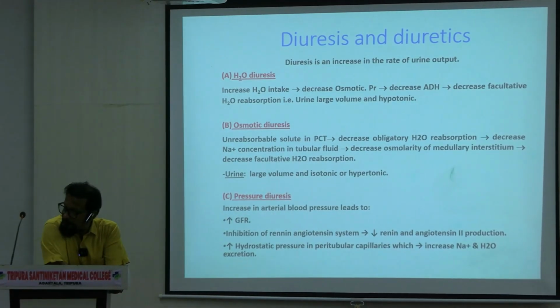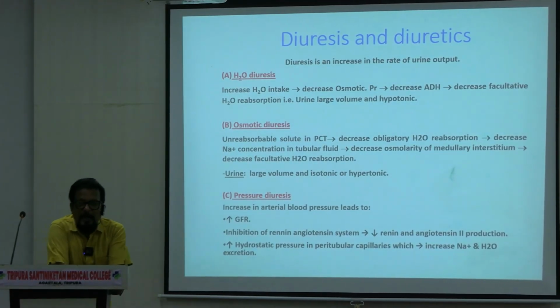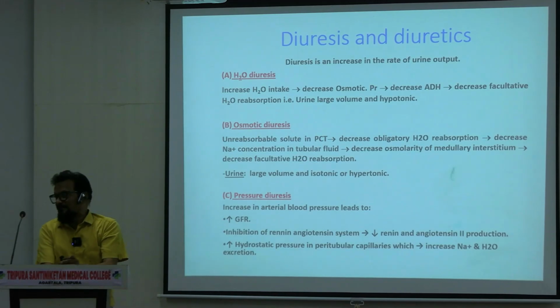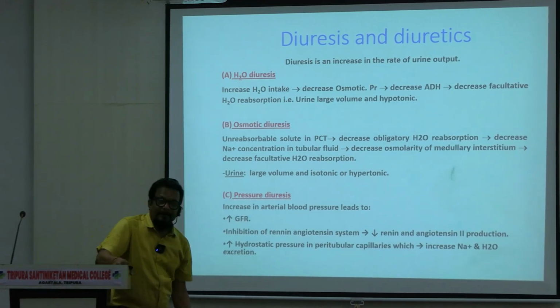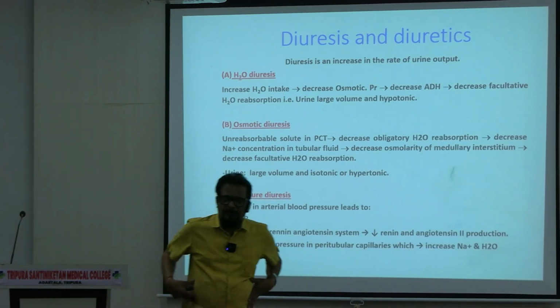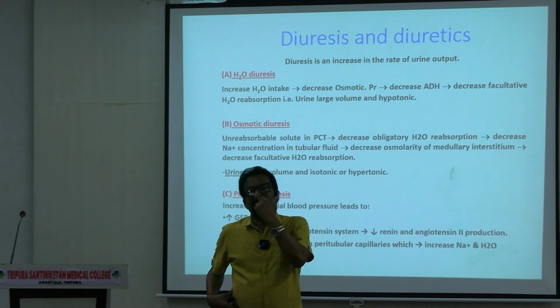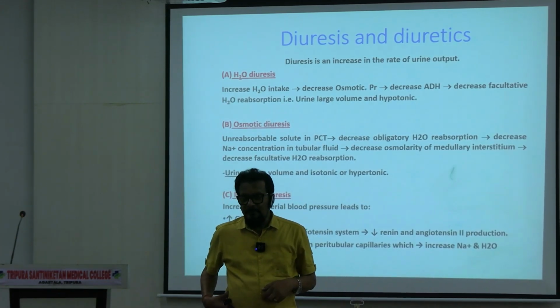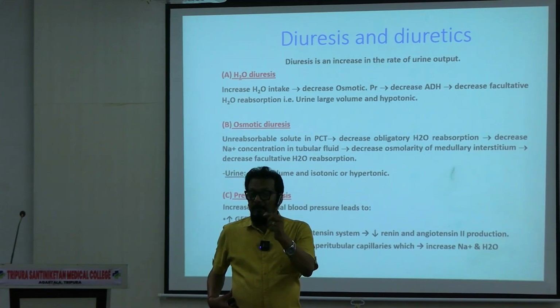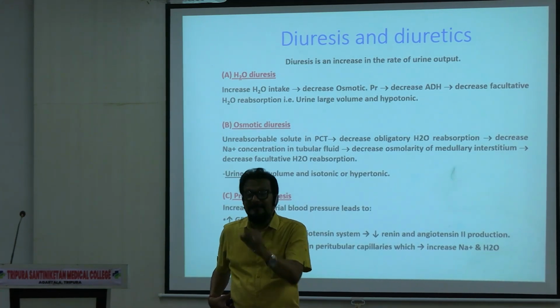Whenever this term comes, diuresis, in a hypertensive patient, or one who has edema, peripheral edema, or ascites, a diuretic drug is given.